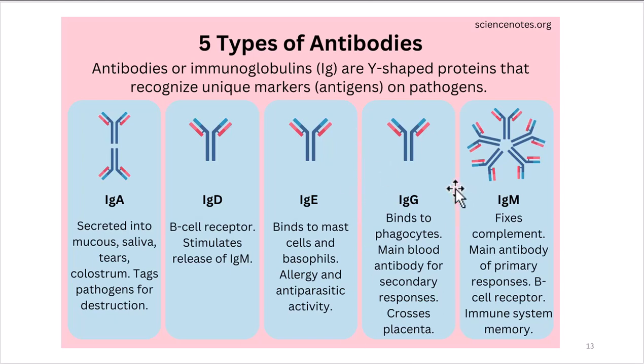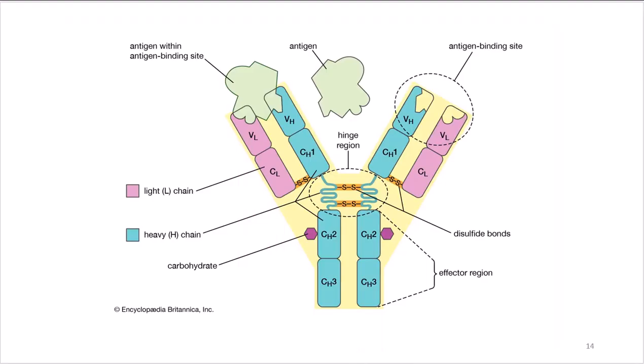And then there's IgG. This is the main antibody found in the blood. This is the one which creates memory cells, which then gives you long-term protection.